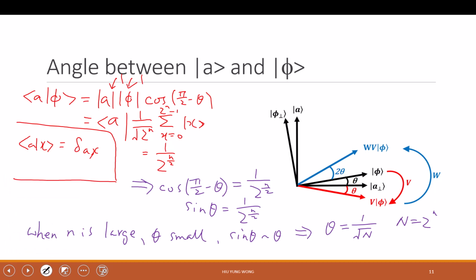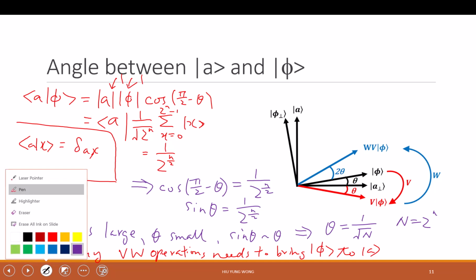Based on this, how many VW operations are needed to bring phi to A? Right? So how many operations do I need to bring it to A?